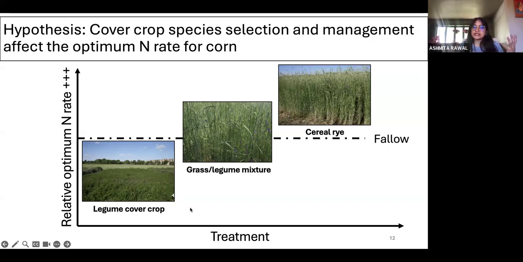The idea behind it is that legume, with a lower carbon to nitrogen ratio and also its ability to capture nitrogen directly from the atmosphere, might be able to provide more nitrogen to the next crop, or it will decompose faster. So higher and faster decomposition might decrease the relative optimum nitrogen rate for corn compared to rye.